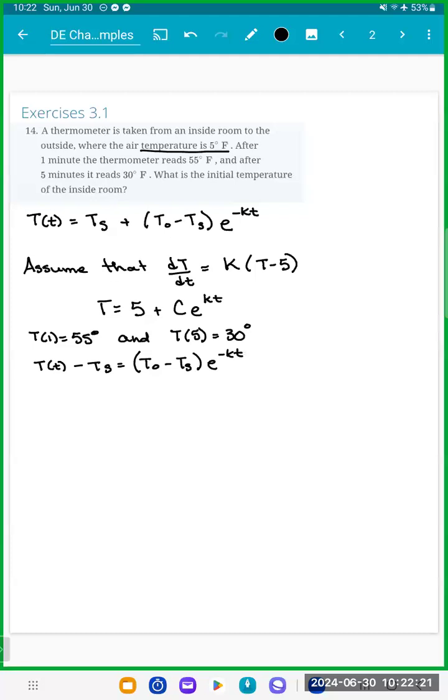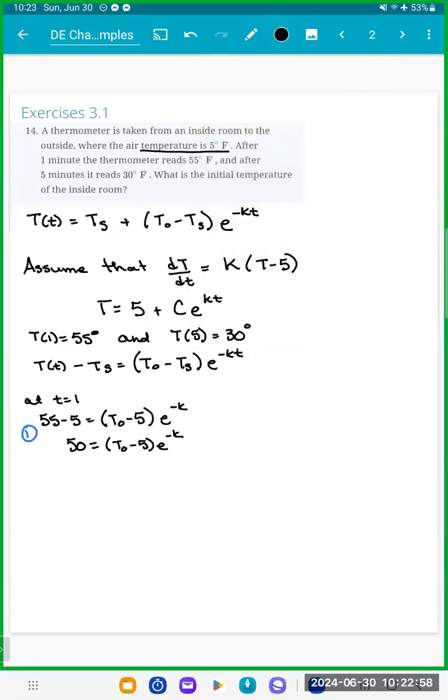And so at t equals 1, we're going to have 55 minus 5 is equal to T0 minus 5, e to the negative k. So this is going to be that 50 is equal to T0 minus 5 e to the negative k, right? So let's use that as our equation 1.